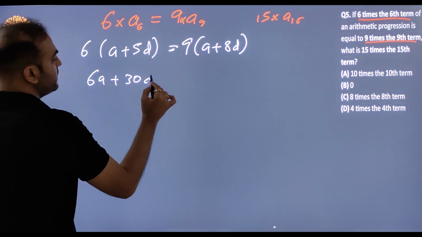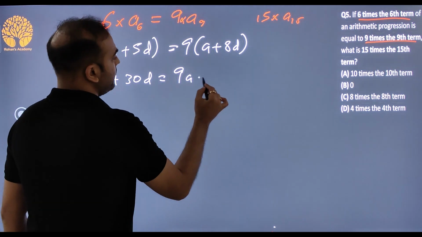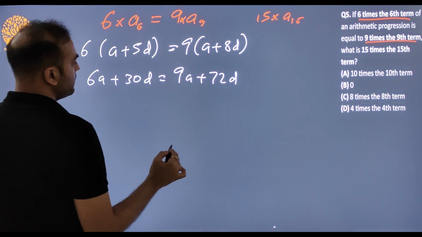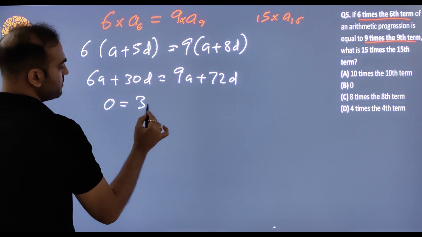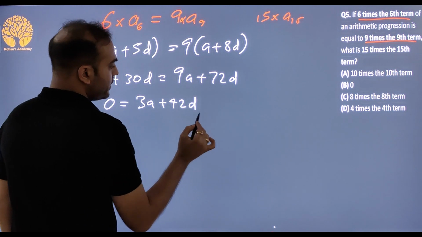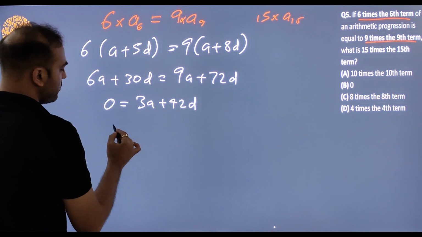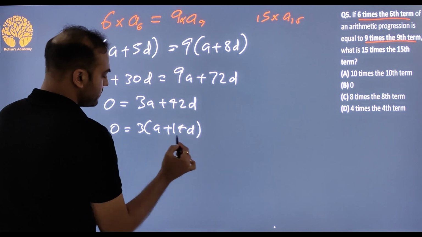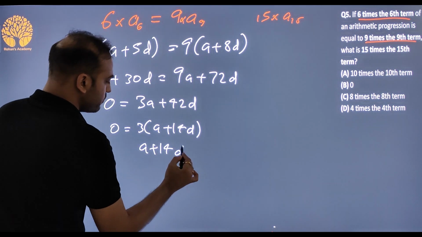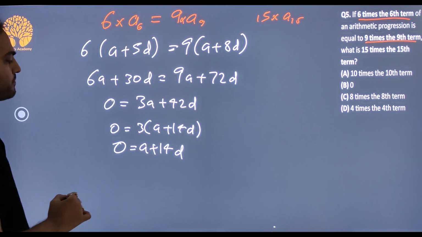6A plus 30D is 9A plus 72D. Get everything on the same side. 3A plus 42D, take 3 common. A plus 14D. A plus 14D is 0.